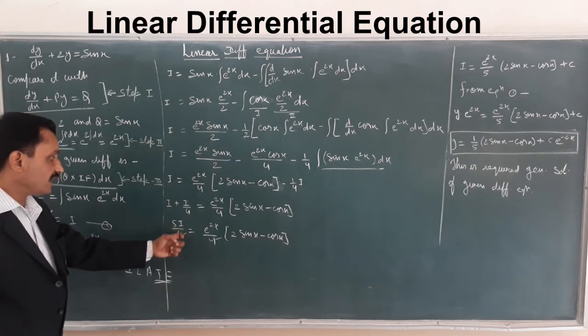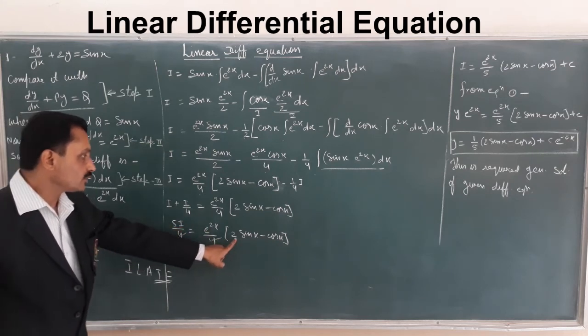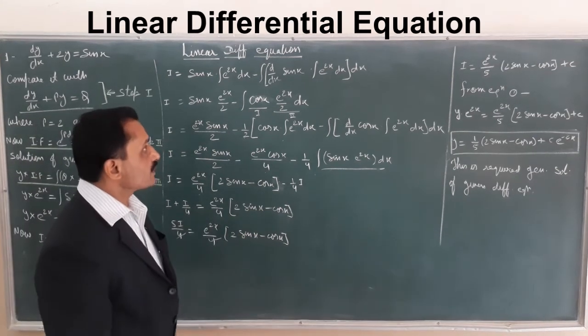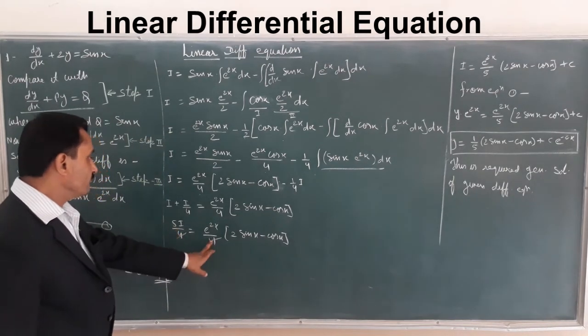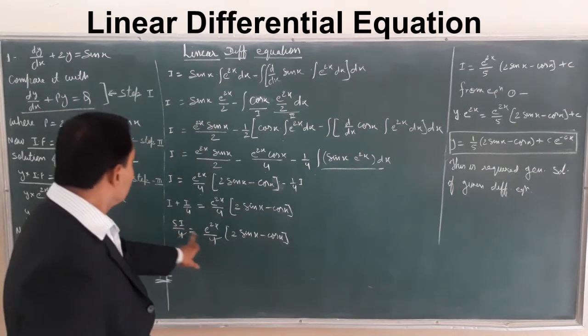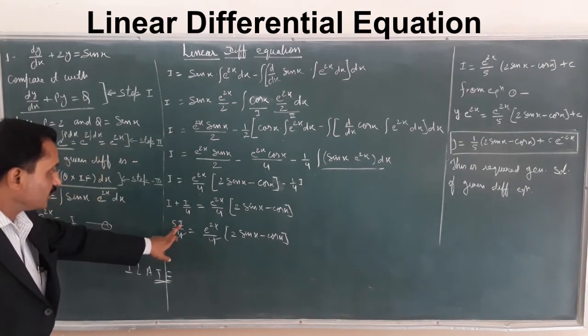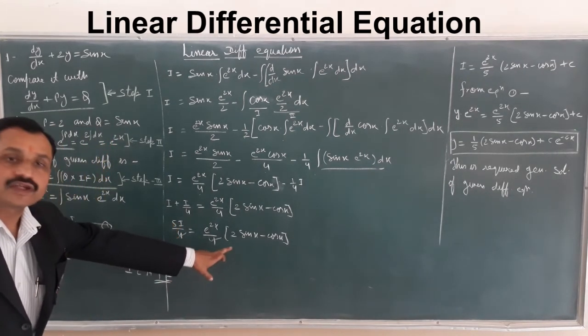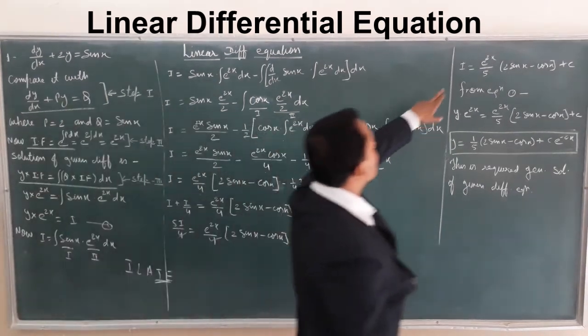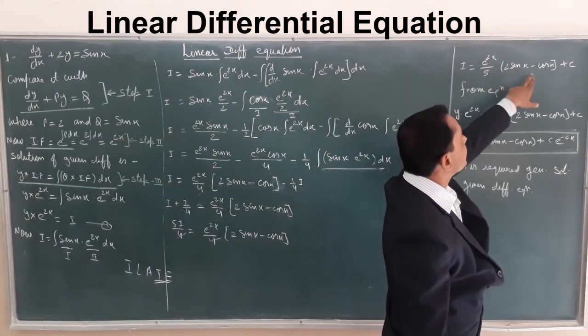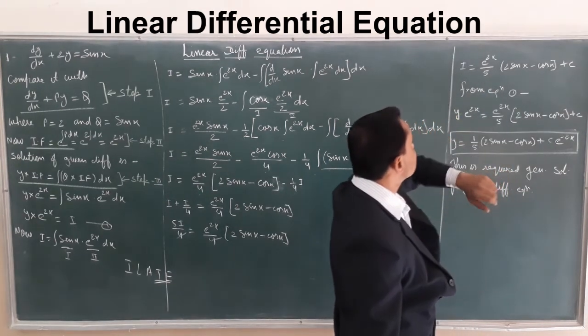This will be 5I by 4 equals e to the power 2x upon 4 times (2 sin x minus cos x). 4 and 4 will cancel. 5I means 5 into I, so 5 will go in the denominator. So I equals e to the power 2x upon 5 times (2 sin x minus cos x) plus c.